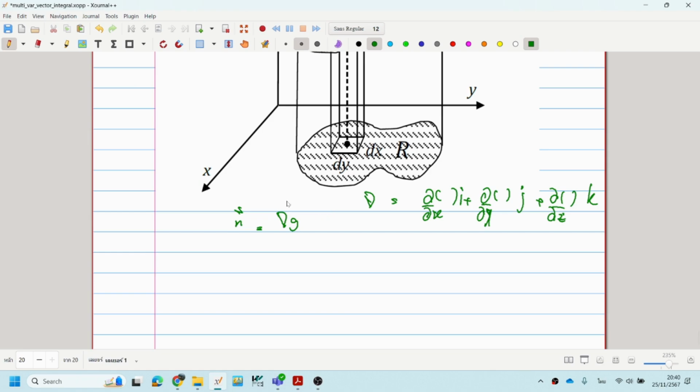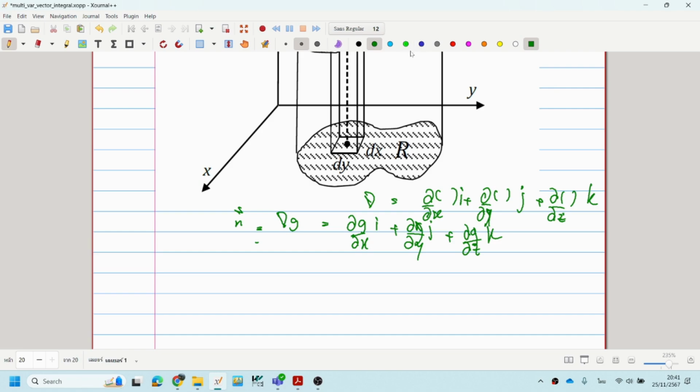Okay, if you need del G, you will get ∂G/∂x i, ∂G/∂y j, ∂G/∂z k. This is the del G. And the unit vector must have a magnitude.